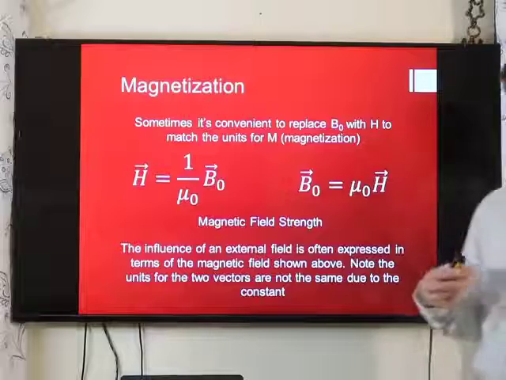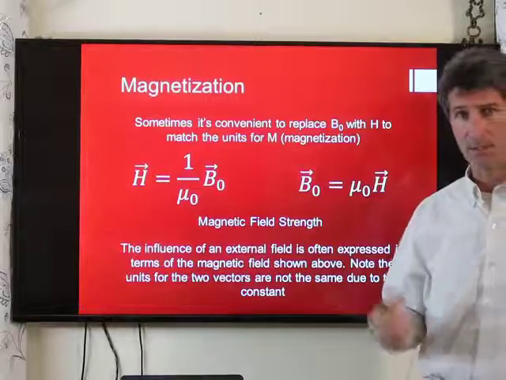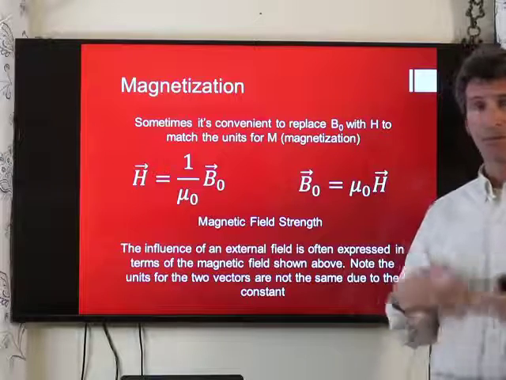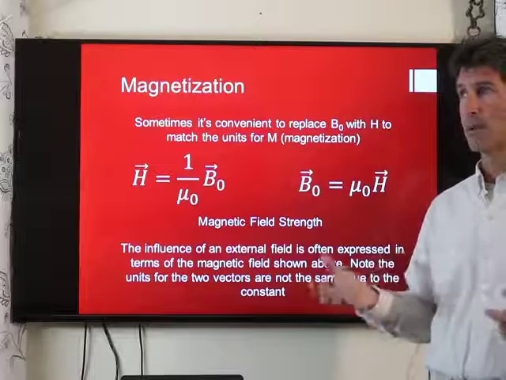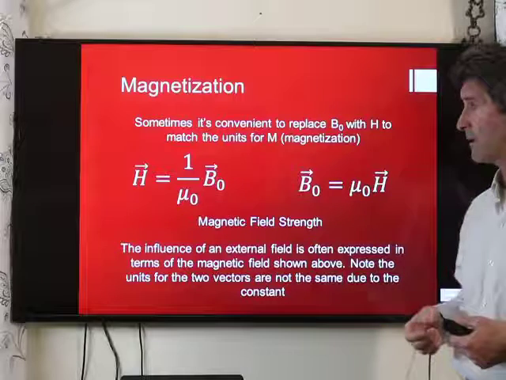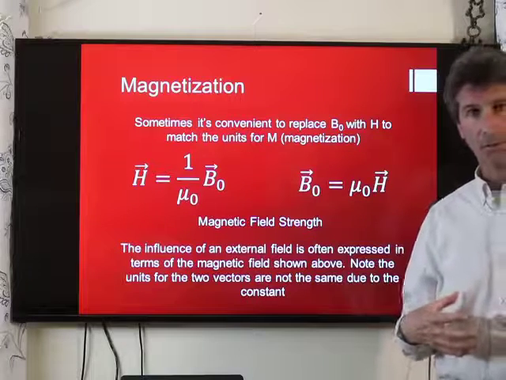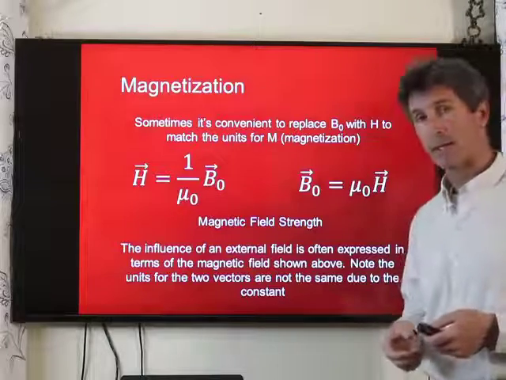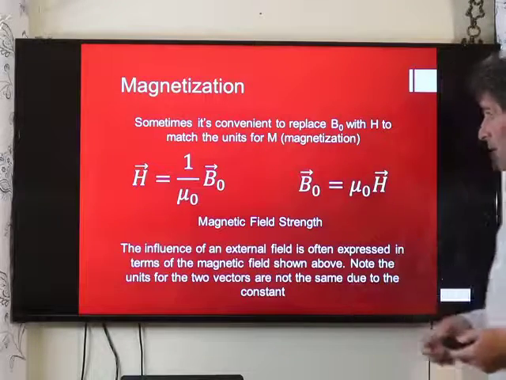That's why we'll often use ferromagnetic materials in the cores of electromagnets. The external magnetic field is created by the electromagnet. The internal magnetization of the ferromagnetic atoms will enhance that.